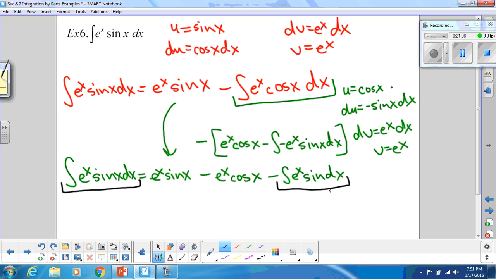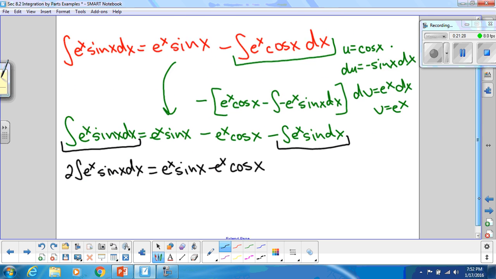We are going to use these as like terms. So I'm going to add this integral over to the other side so that I have 2 of these integrals. And then those 2 integrals are equal to e to the x sine x minus e to the x cosine x. And then to solve for that integral, we just divide by 2.